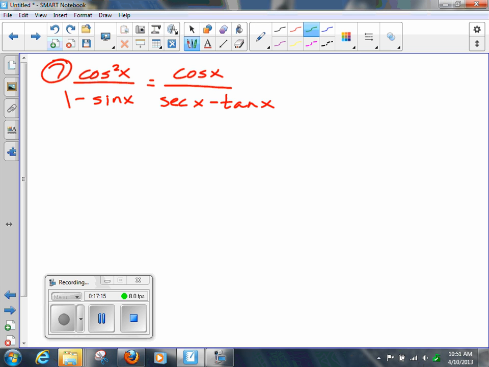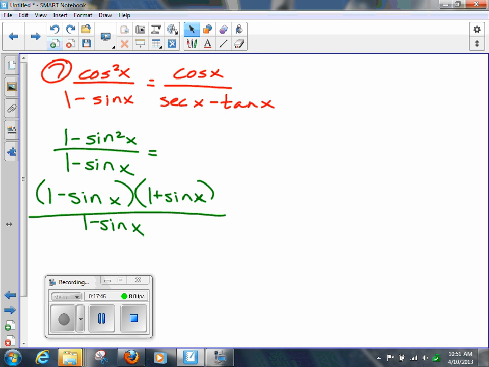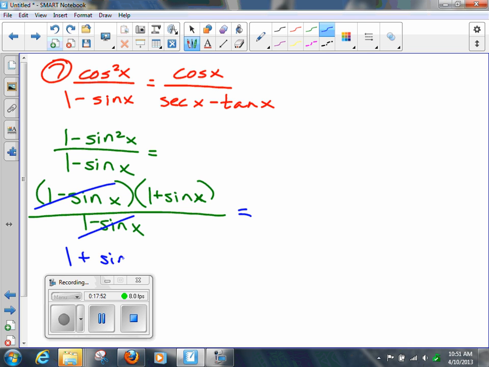But I do look at this cosine squared just like I did in the last problem, and I go, well, cosine squared is 1 minus sine squared. Do you guys agree? Do you buy that? And then what's 1 minus sine squared? Difference of squares. What's going to happen? Those two factors cancel, and I'm left with 1 plus sine x.